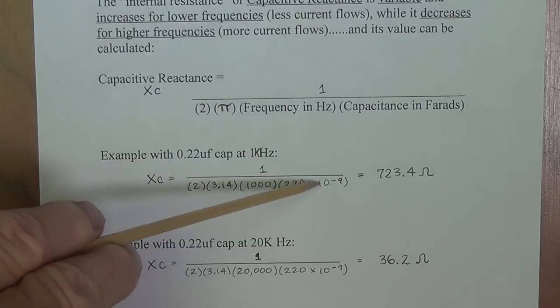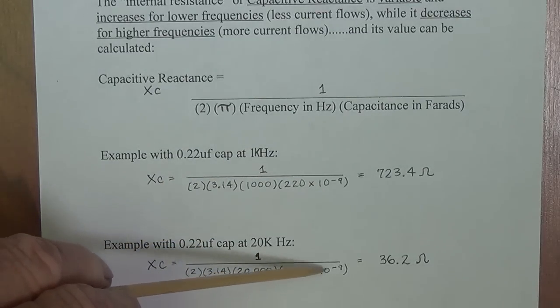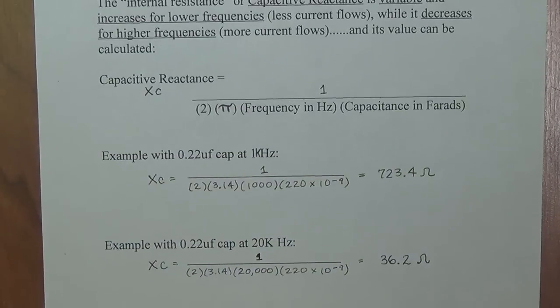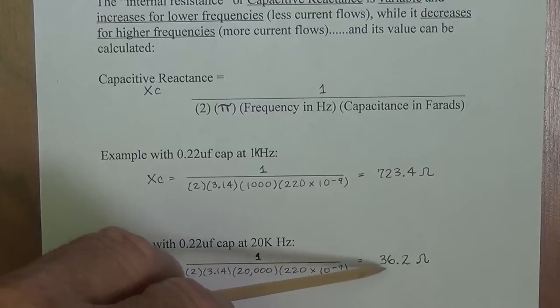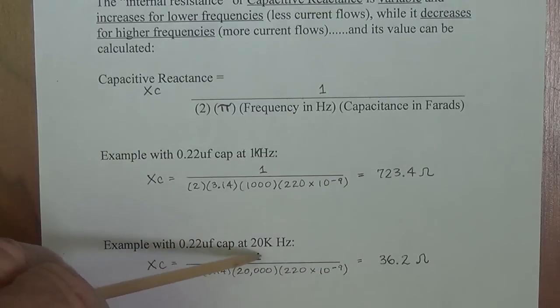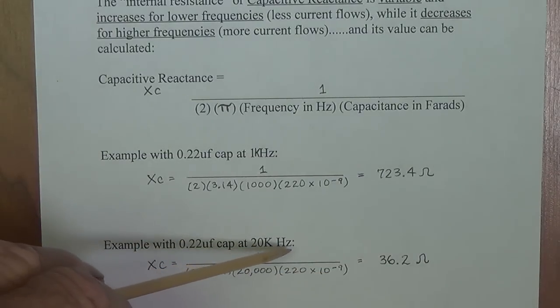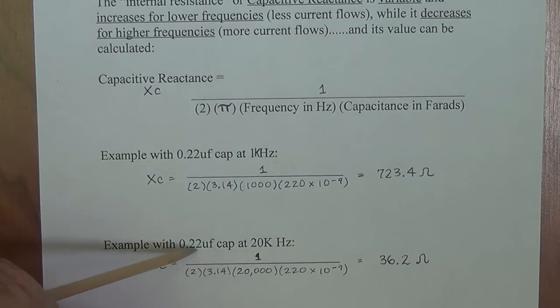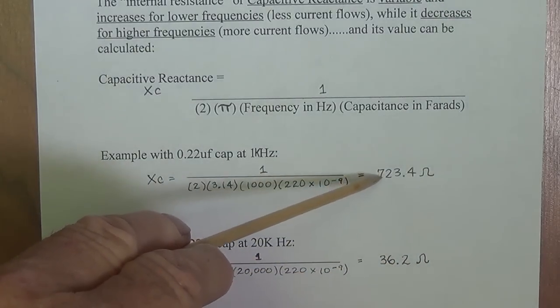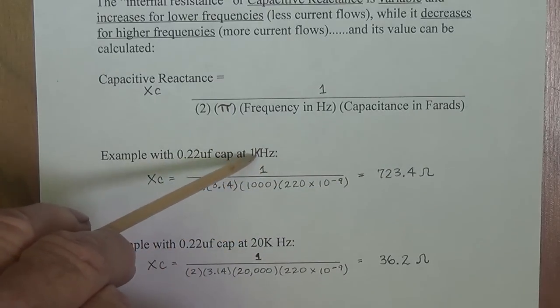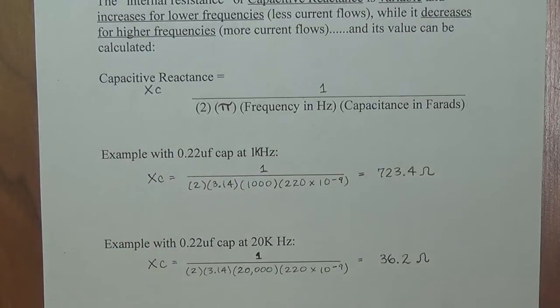And the capacitance is identical when converted to farads. It's 220 times 10 to the minus 9 farads. When we plug all this into our calculator, we end up with a capacitive reactance value for a 20,000 cycle per second signal trying to pass through a 0.22 microfarad cap of only 36.2 ohms, dramatically lower than the capacitive reactance that was presented to the 1,000 cycle per second signal.